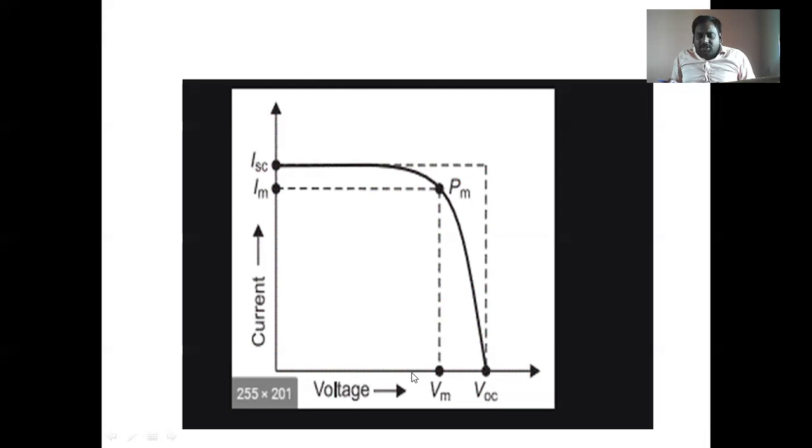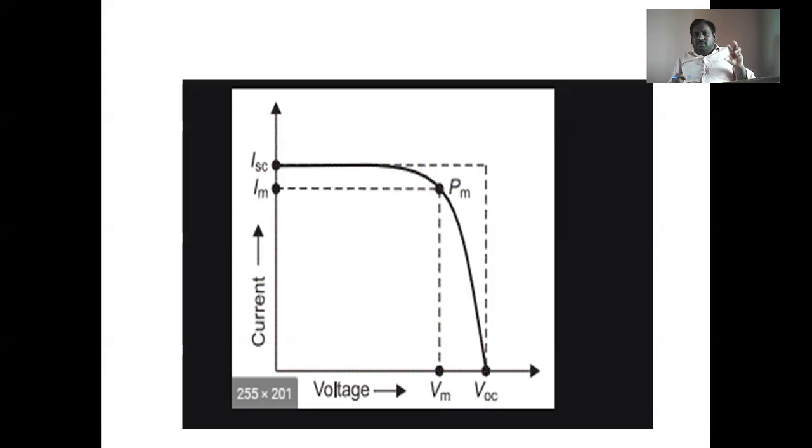When voltage increases, what happens? This current is constant. Why is this current constant? Current means the flow of electrons through the PV panel. How many electrons flow in a unit time is called current.